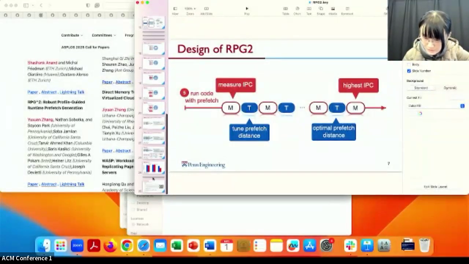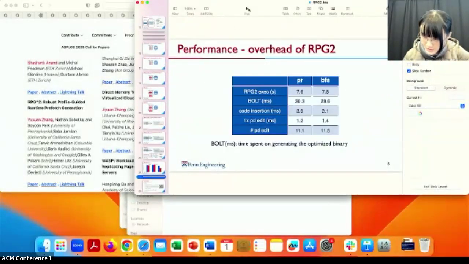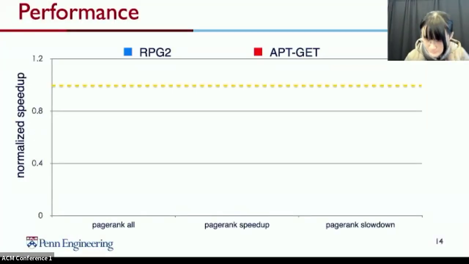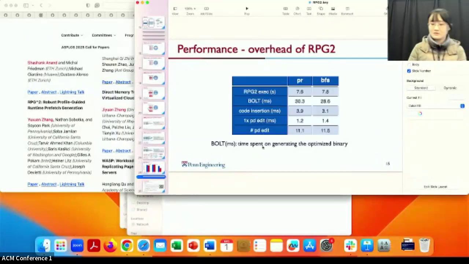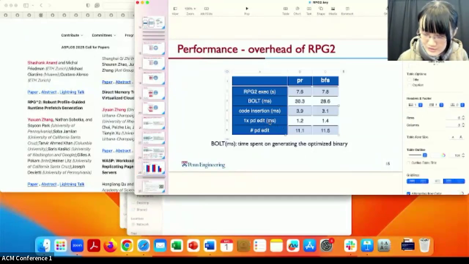Actually, we have this result, but I didn't present it. On average, it will be about 11 times for this prefetch edit, and then we can find the optimal prefetch distance. And the overhead is not very high because it's about 1 millisecond for each edit. All right, thanks.